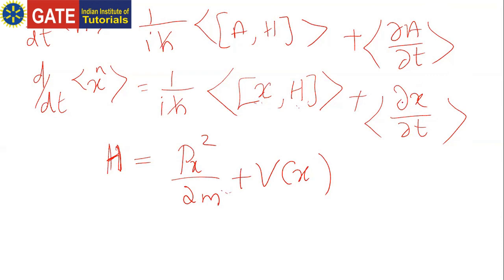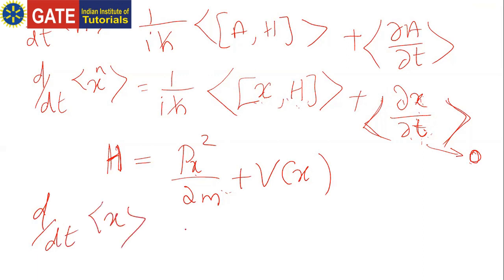Remember ∂x/∂t: this operator x is independent of time, therefore this term will be 0. Here substitute the H value and find the commutator relation, and please tell me finally what you are getting.